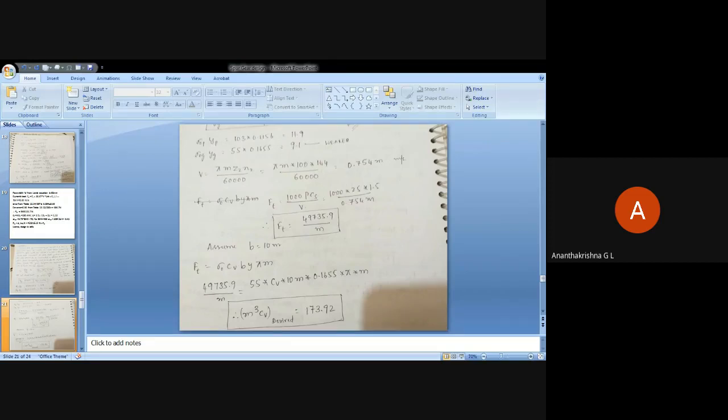Akhil, you're able to get the values? Doing, sir. Okay. Basuraj, Hubballi Basuraj, not answering.